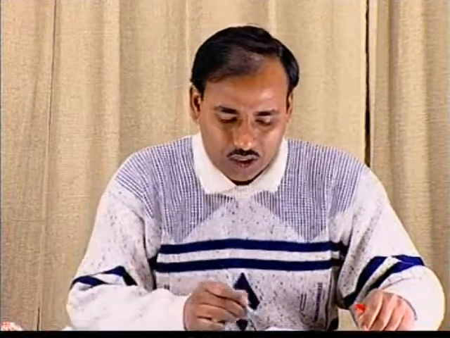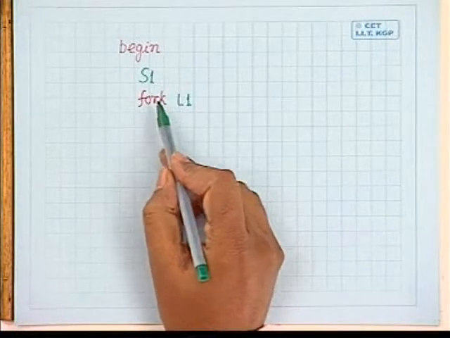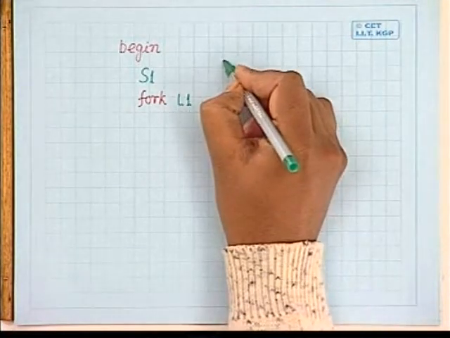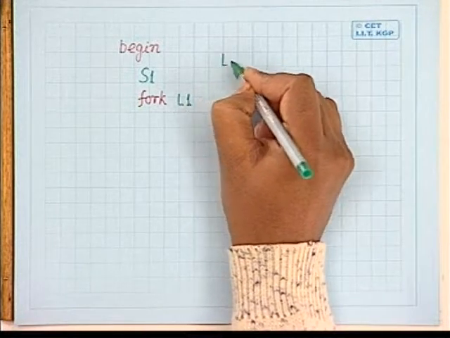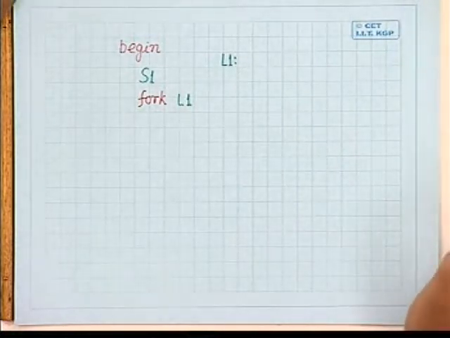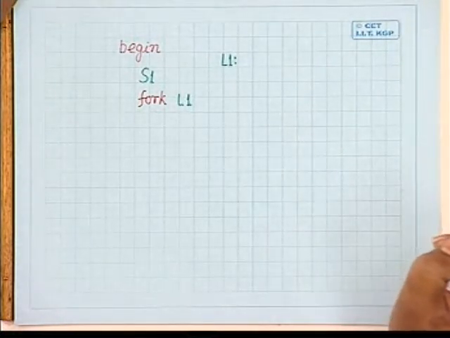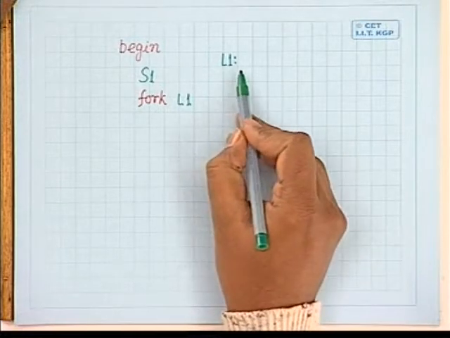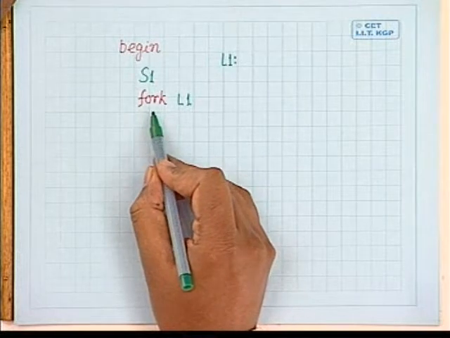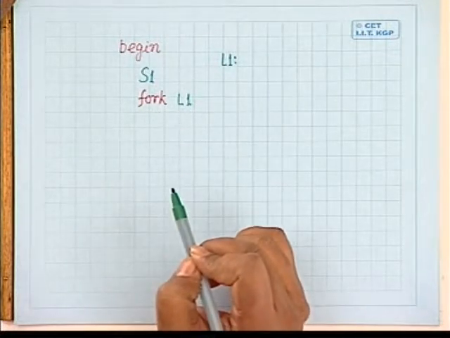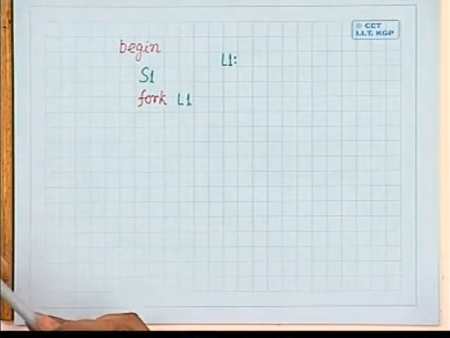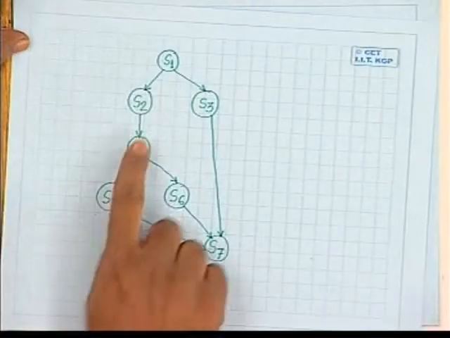Now what does it mean? Whenever I say fork L1, I create an additional process. One process will start execution from the statement at label L1, and the other process will continue with the statement following this fork statement. So after fork, as per our precedence graph, we have created two processes.